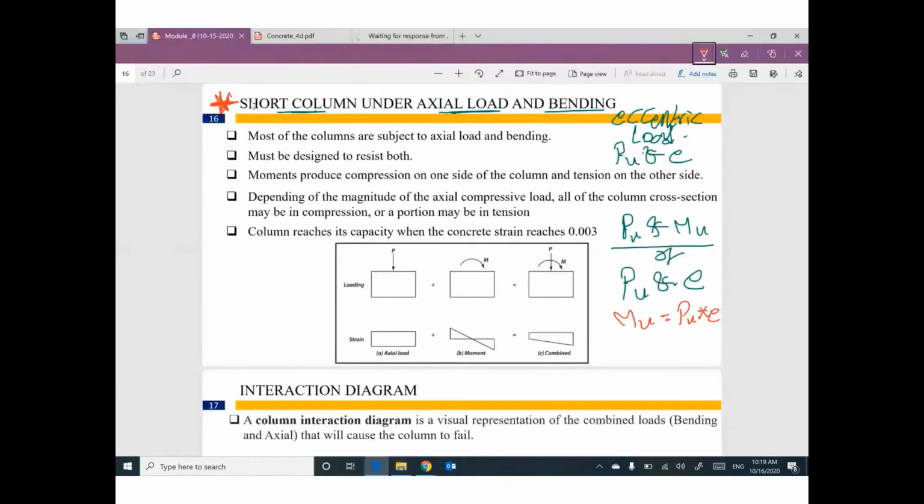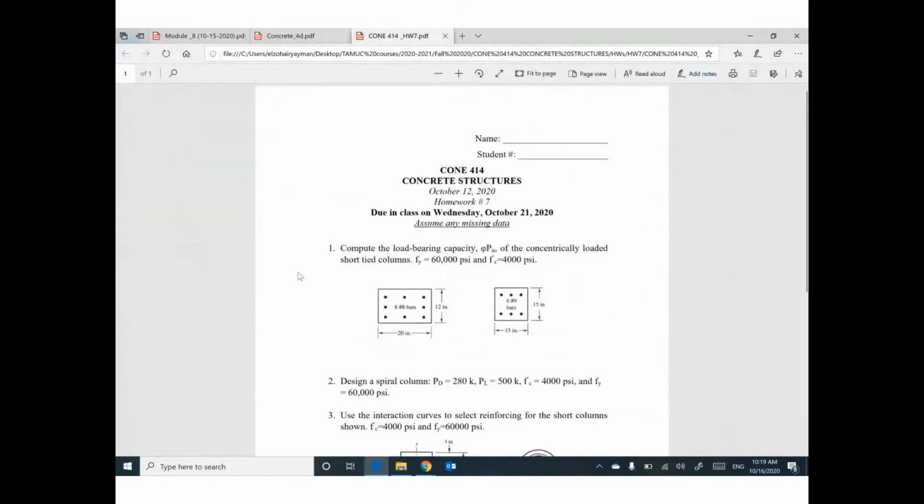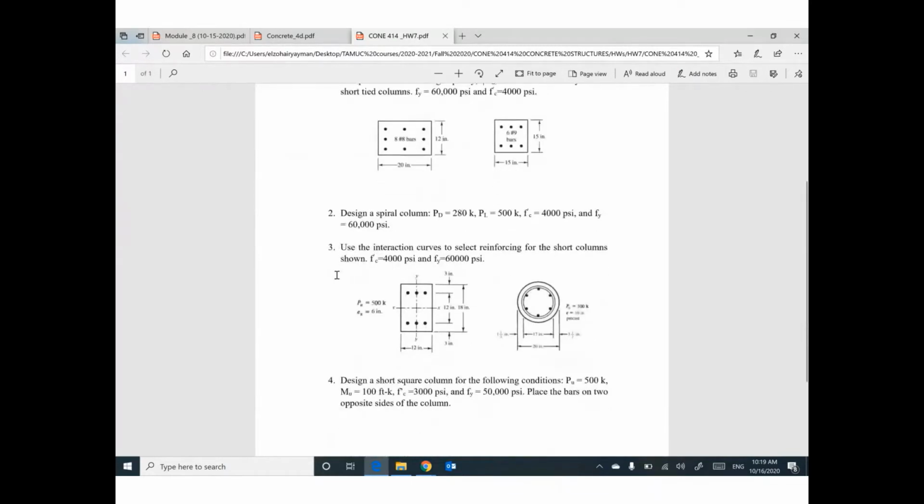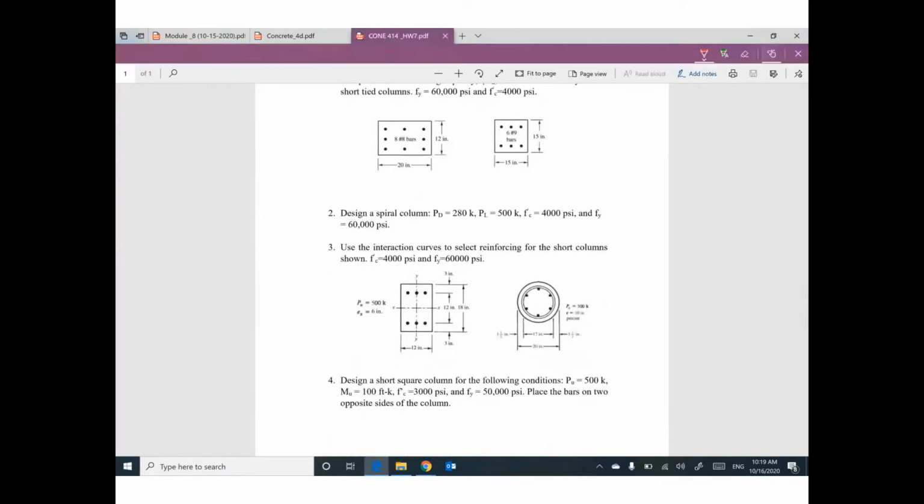The first one is a tied column. The second one is a spiral column. You can do numbers 1 and 2 right now. But for number 3, be careful. We have normal force P and E, eccentricity.